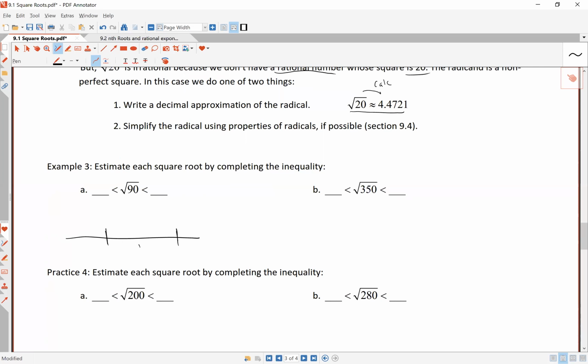And if 90 lies to the right of 81, 9 times 9, and to the left of 100, 10 times 10, then the square root of 90 is smaller than 10 and bigger than 9.